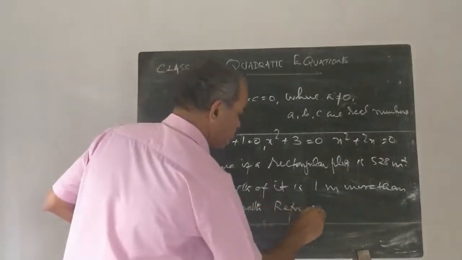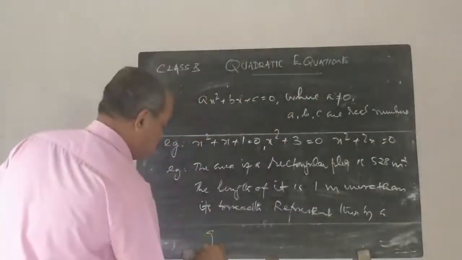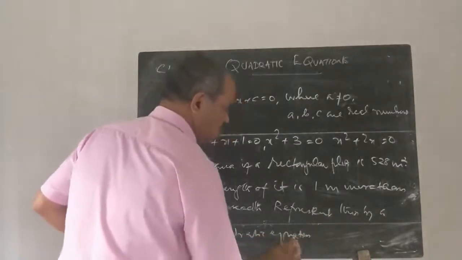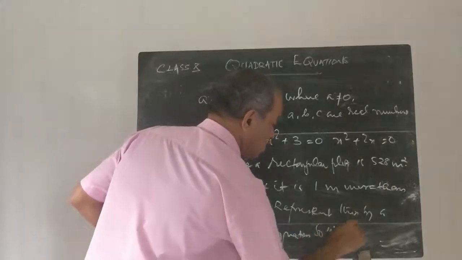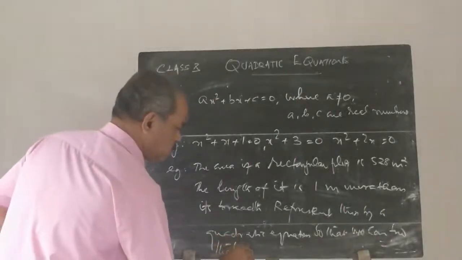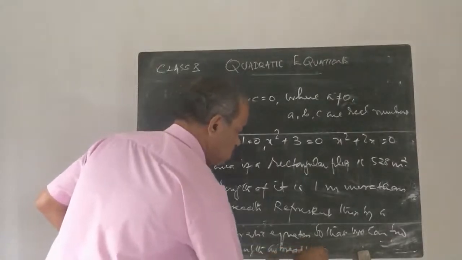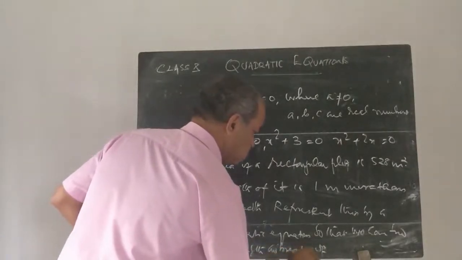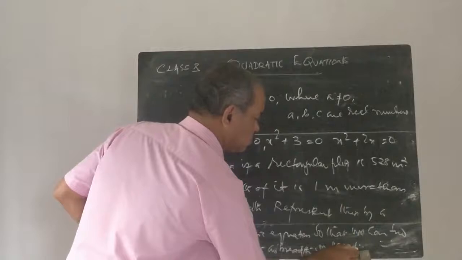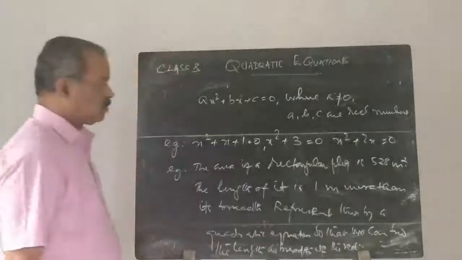Represent this by a quadratic equation, so that we can find the length and breadth of the rectangle.